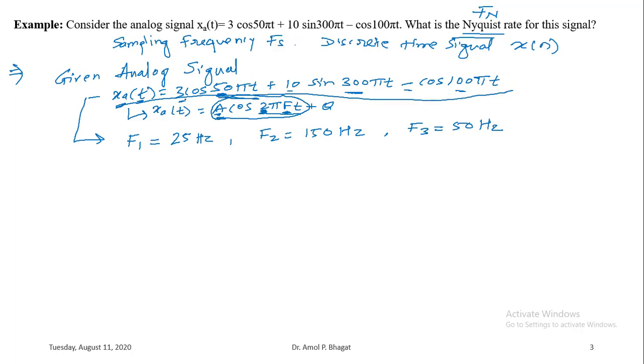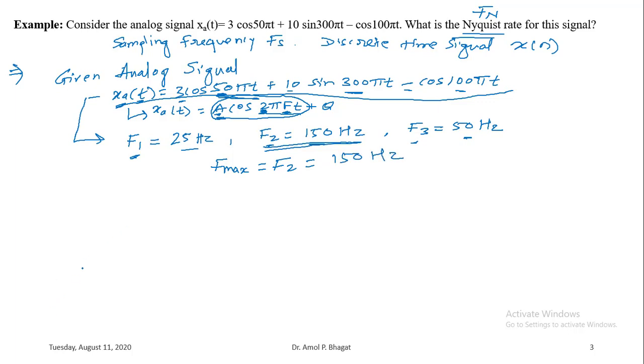Okay, that is f1 is equal to 25 hertz, f2 is equal to 150 hertz, and f3 is equal to 50 hertz. So to identify the sampling frequency and Nyquist rate, initially we should identify the maximum frequency. Out of these three frequency components f1, f2 and f3, which one is the maximum? So f2 is the maximum. Therefore, the maximum frequency component of the given analog signal is f2, which is equal to 150 hertz.